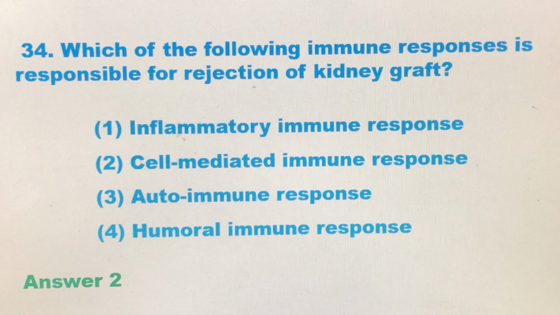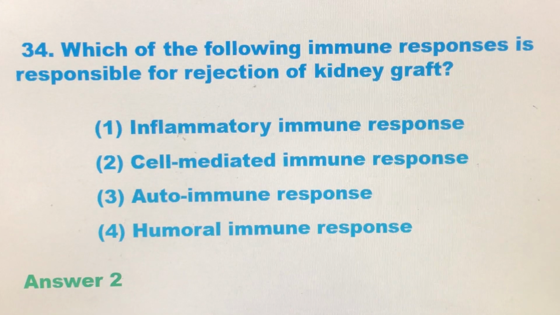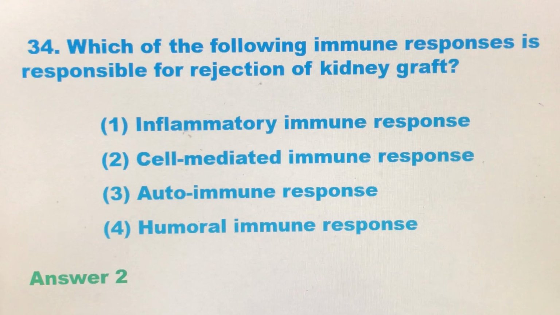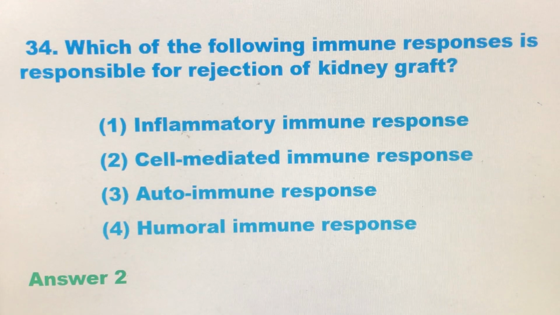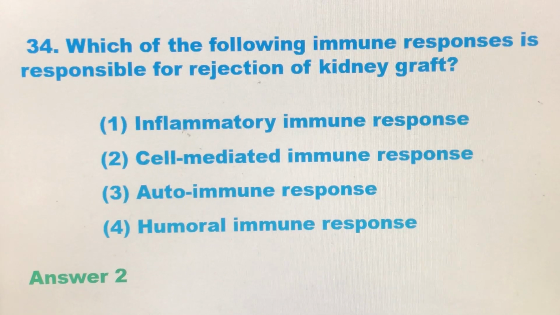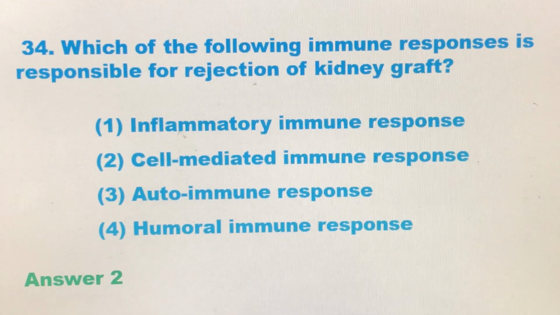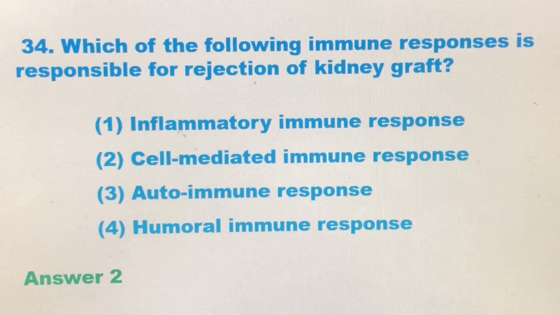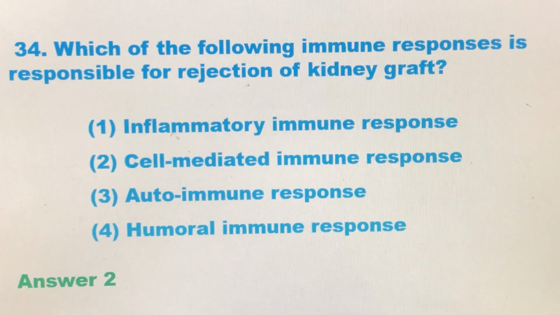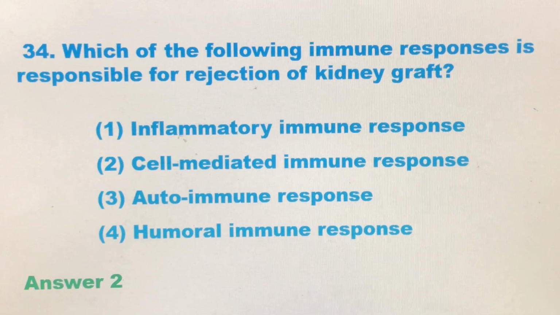Now what is cell-mediated immune response? In cell-mediated immune response, the immunity is by the different types of immune cells like macrophages, phagocytes and cytotoxic T lymphocytes. These cells are involved in fighting against the pathogen or the non-self.